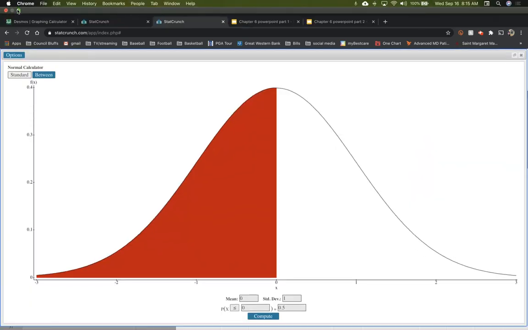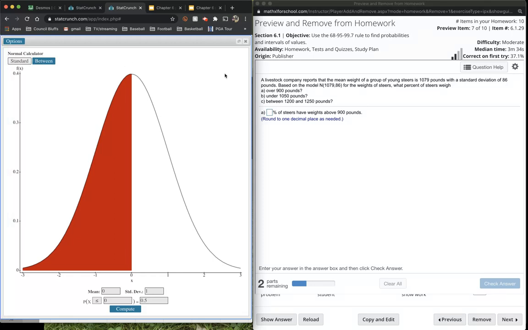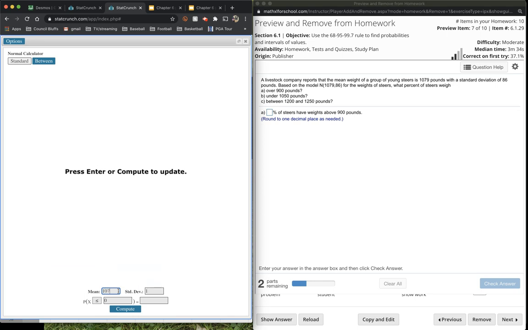Okay, so let's put in our mean. Our mean was 1,079, and our standard deviation is 86. So based on the model, what percent of steers weigh over 900 pounds?